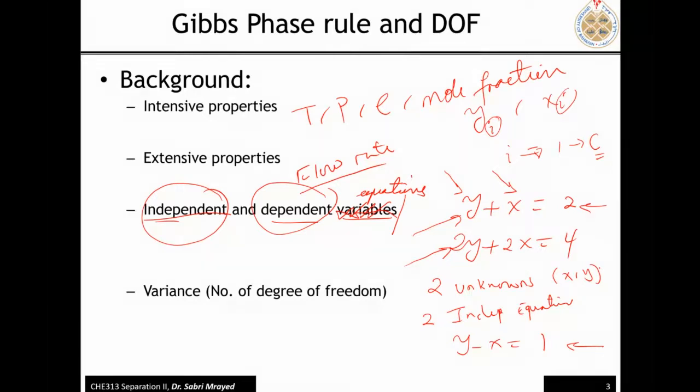Now, if I can take you back to, let's say, Ching 111, what are the different sources that you can use to generate, for example, independent equations as a chemical engineer?